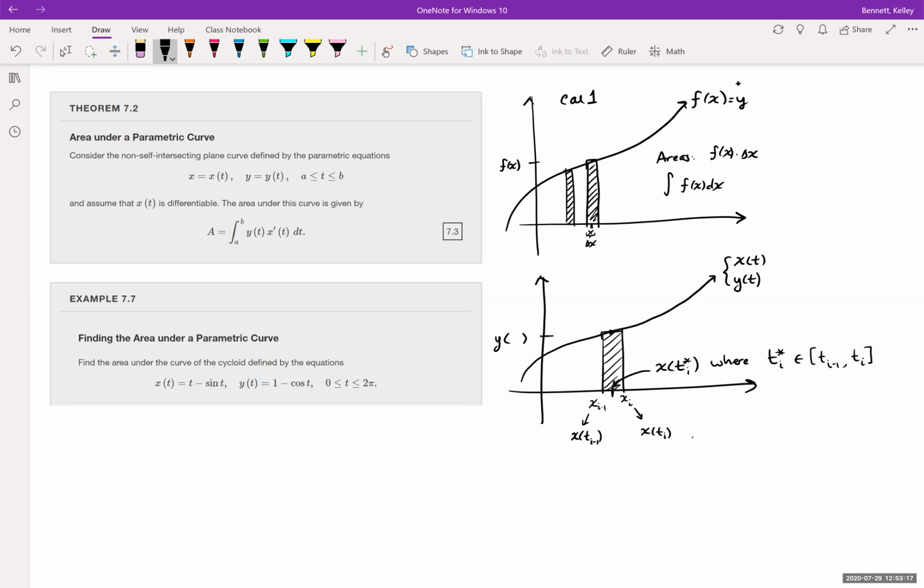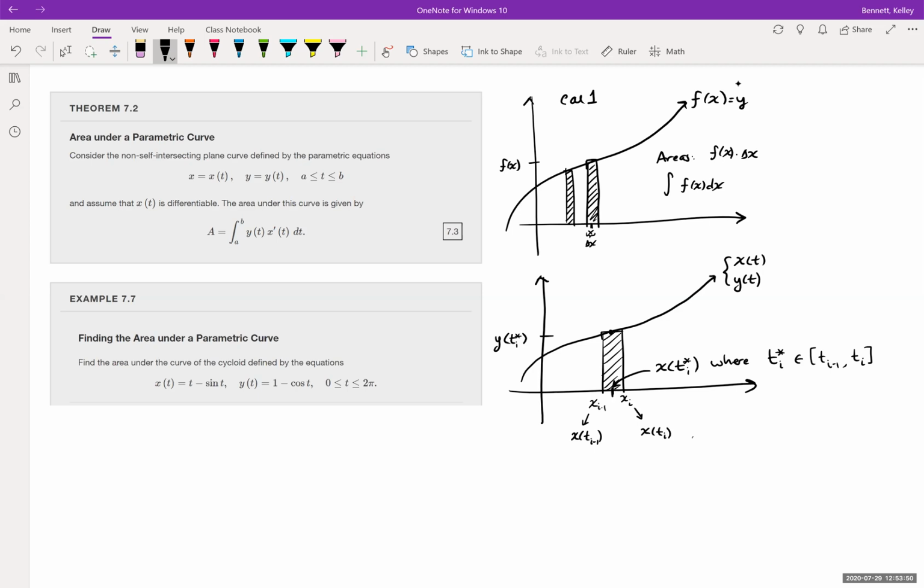So it's just some time, I have a little window of time, a little teeny tiny baby window of time, very small, calculus small. And t i star is just some specific singular point of time in that interval. And I'm going to use that to determine my height, because if x is happening on this window, then y is also happening on that window as well. So I'll just call this t i star.